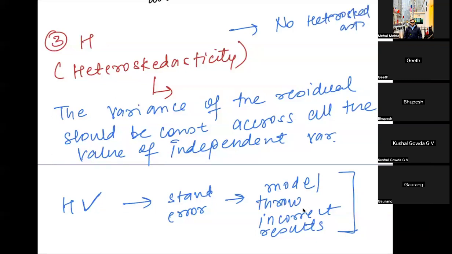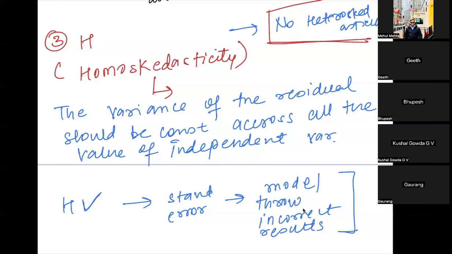Also, sorry, the definition I just wrote is of homoscedasticity. So that's why we say there should be no heteroscedasticity present.